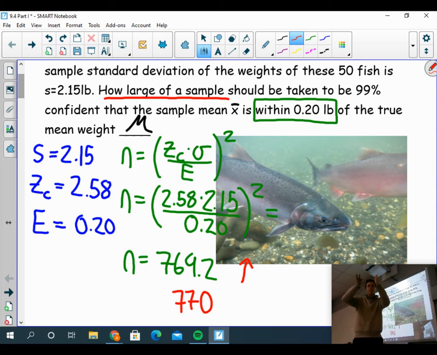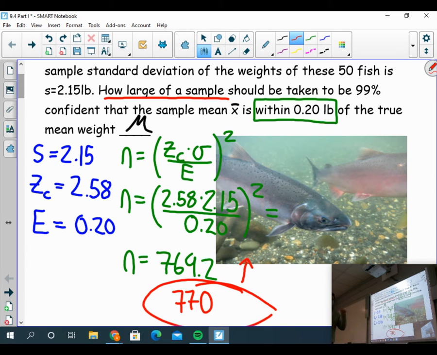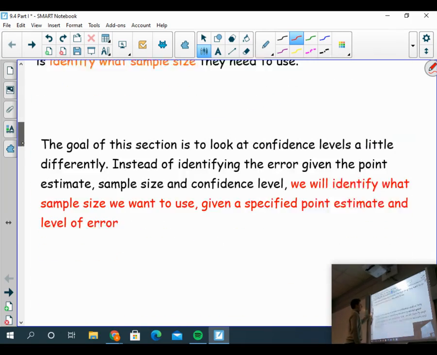Because it'll make our confidence interval a little bit narrower, making sure we're inside the margin of error that we want, in this case 0.2 above or 0.2 below. So what we would say here is we need a sample size of 770 at least if we want our confidence interval that gets produced from our sample data to have an error of no more than 0.2 above or below the sample mean. Okay, let's try another example.